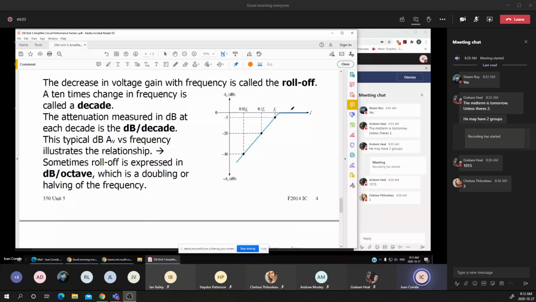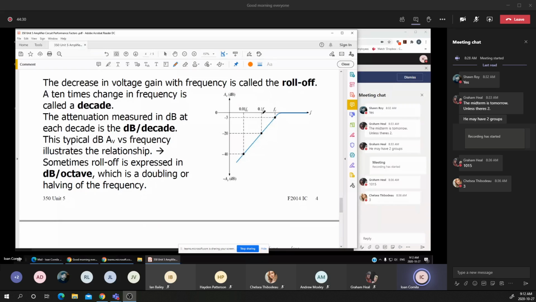This example shows a drop in gain, or a drop in amplification, as the frequency of the input signal is less than a critical frequency. You notice that I'm having the FC. Now I can have the decade, means that I'm going from FC to 0.1 FC, which is a decade.